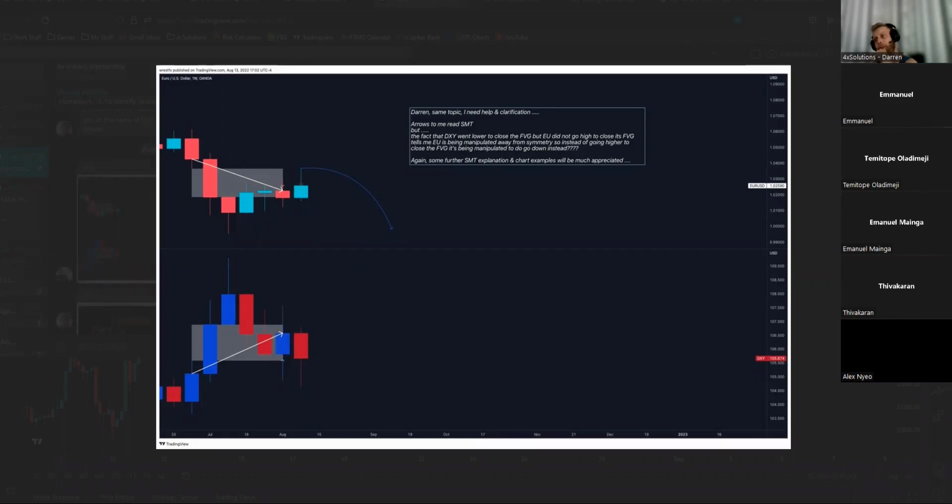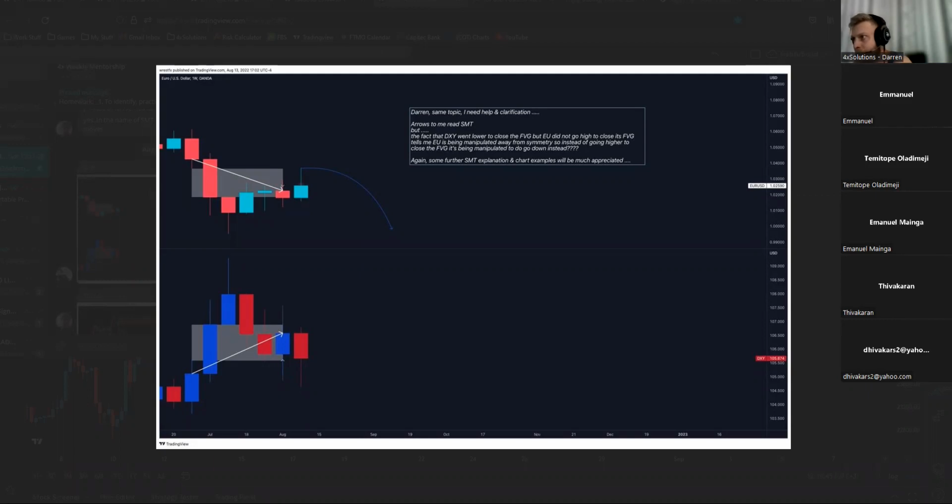So over here, this was a question that they asked: if we look at the price action here, on what seems to be SMT possibly, is what I think Walter is trying to say. He said he needs some clarification, and arrows to me read SMT, but the fact that DXY went lower to close the fair value gap, but EU did not go high to close its fair value gap, tells me EU is being manipulated away from symmetry.